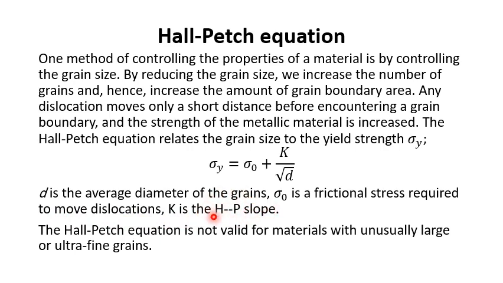The Hall-Petch equation is valid for most materials with different grain sizes. However, it is not valid for materials with unusually large or ultra fine grains. It is invalid for materials with very large grains, or very fine grains, or even nanograins.